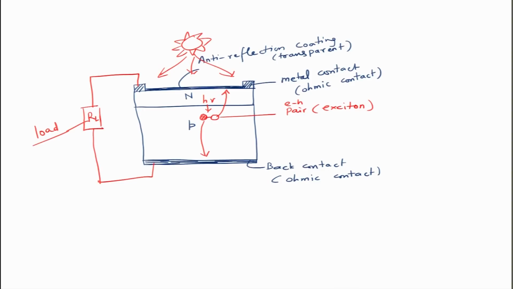This is what the typical solar cell geometry is. Of course, this is followed pretty much in the case of silicon, and in thin film semiconductor devices such as cadmium telluride, CIGS, etc., but the geometry is different in the case of solar cells which are, for example, organic or perovskites.